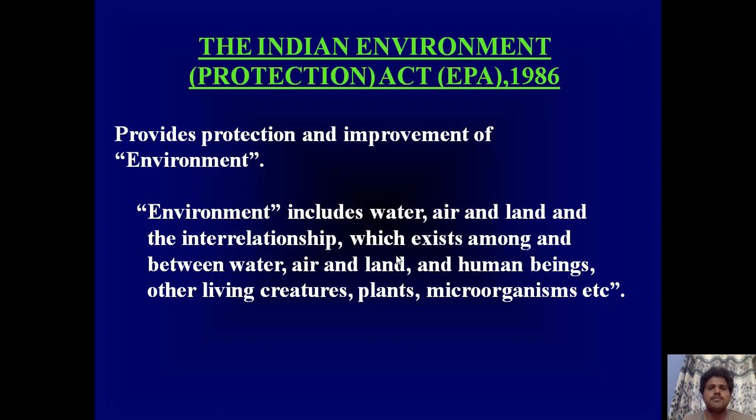Then the Indian Environmental Protection Act is very important. EPA 1986 provides protection and improvement of the environment. Environment includes, as you know, air, water, and land, and their interrelationships which exist among and between the water, air, and land, and humans and other living creatures, plants, microorganisms, etc. That's all, what we call environment.